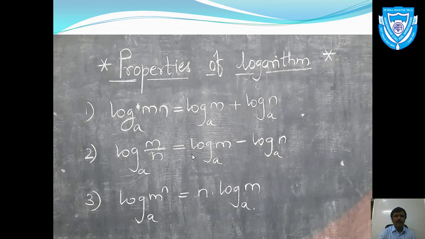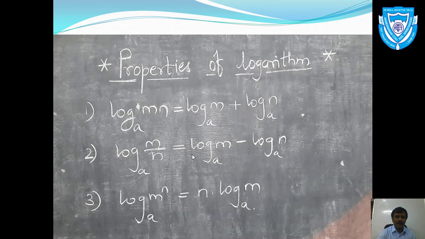Now see, the very first property you can see on screen, that is log of mn to the base a is equal to log m plus log n to the base a. In case of product, in case of multiplication, we prefer addition. That is, log mn can be written as log m plus log n by keeping the base same.